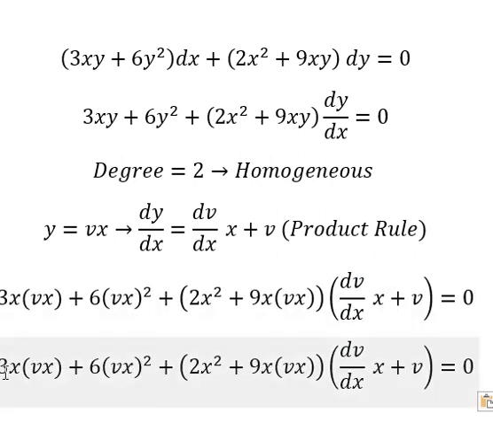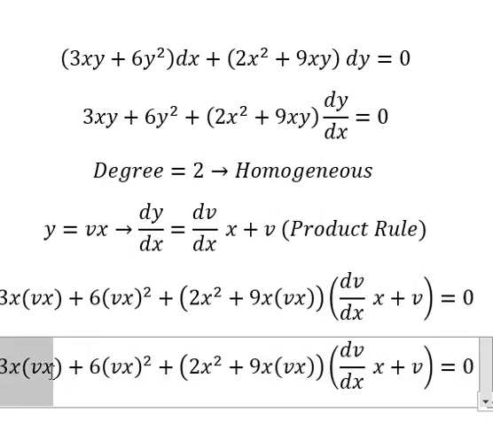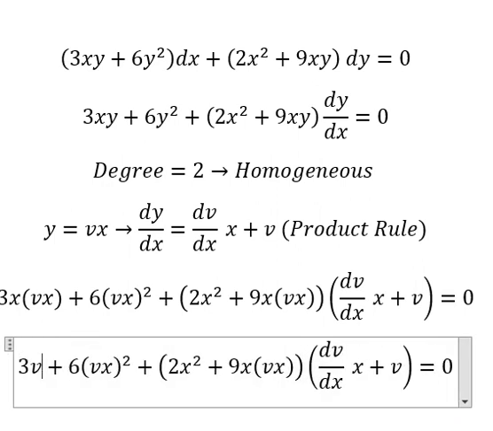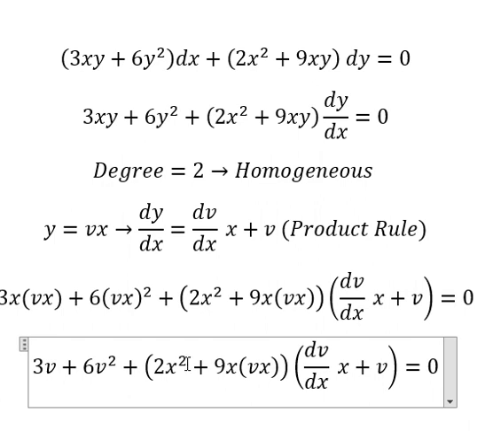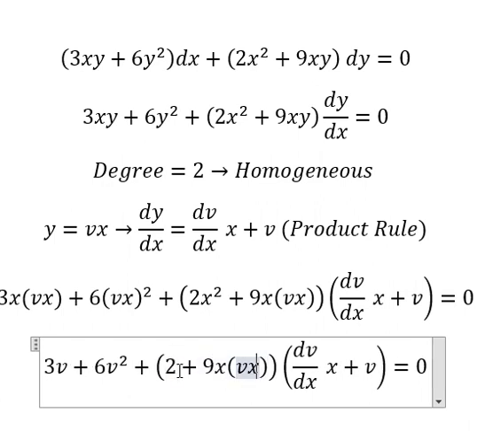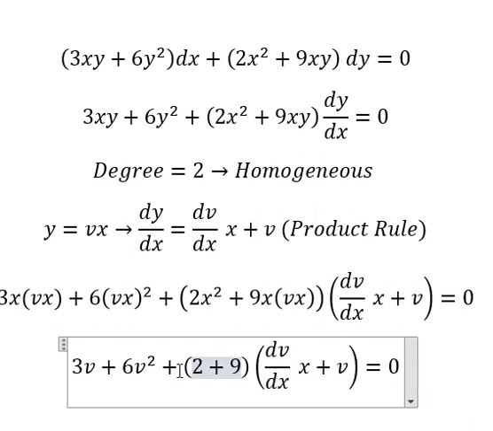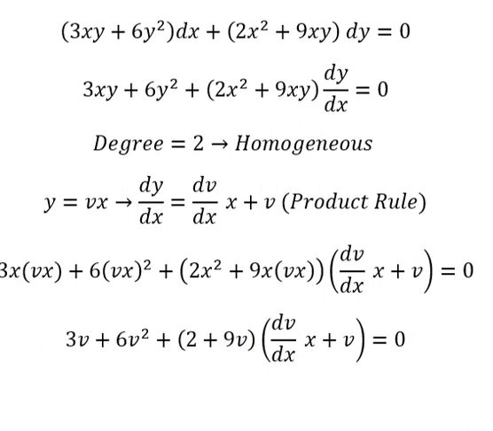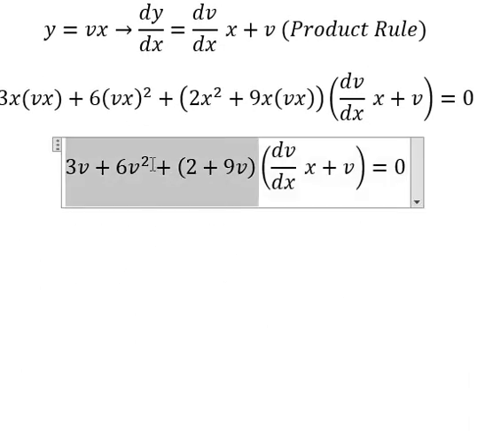Next, we simplify x squared for both sides. Next, I will put this one to the right and we divide both sides by this one.